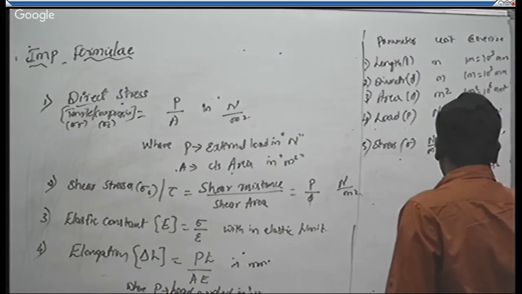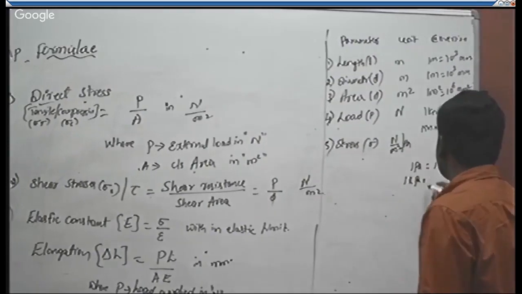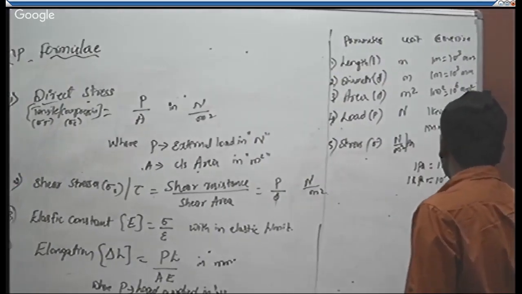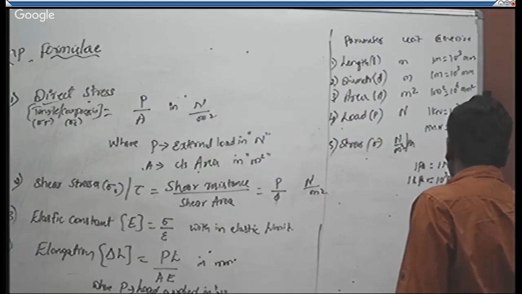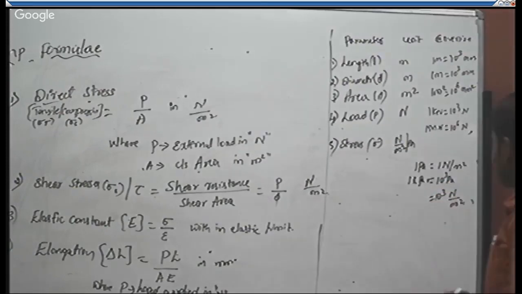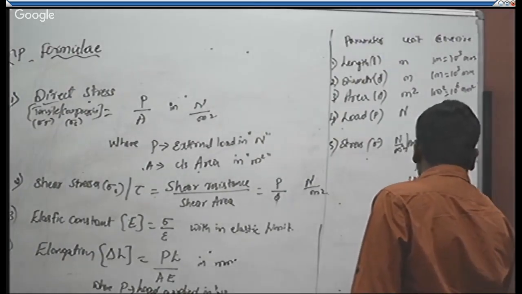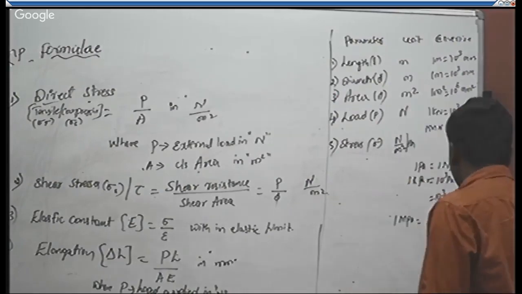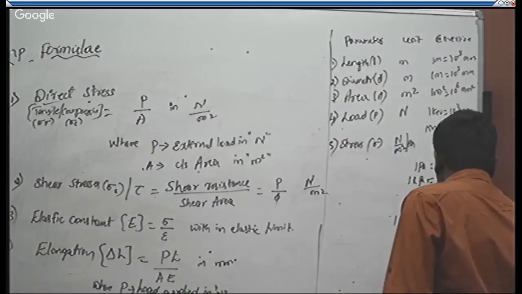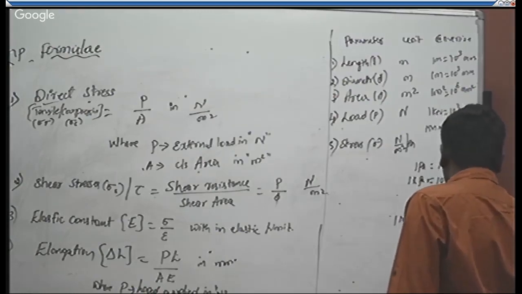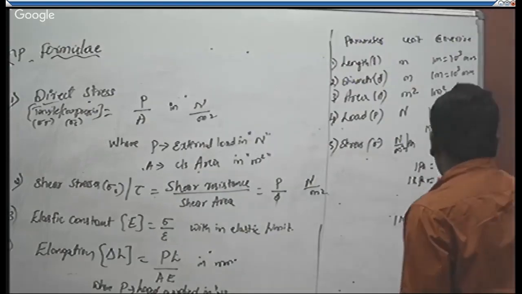1 kilopascal is equal to 10 power 3 Pascal, or 10 power 3 Newton per meter square. Similarly, 1 megapascal is equal to 10 power 6 Pascal, or 10 power 6 Newton per meter square.